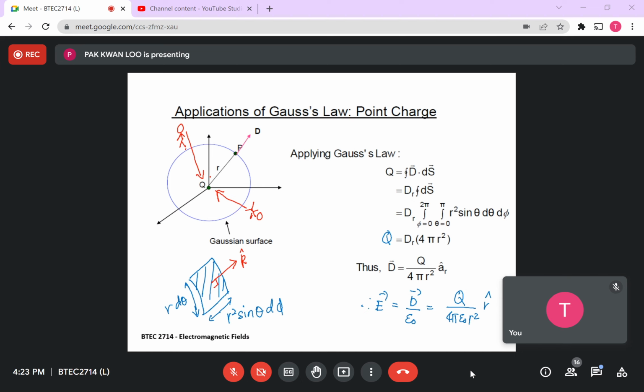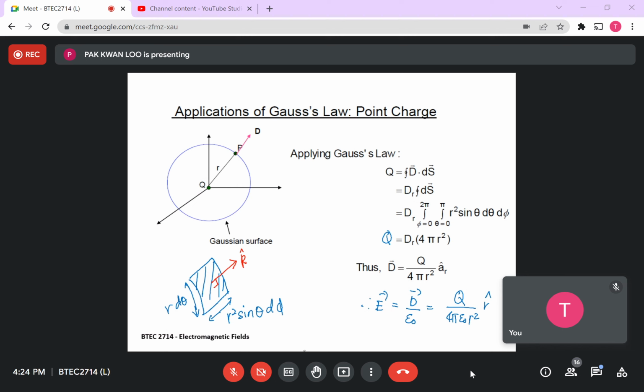Whether you stand here, or here, or here, it's always at a point. It will not change. So that implies we can apply Gauss's law, and this is the appropriate Gaussian surface to be selected to evaluate the electric flux and subsequently the electric field.